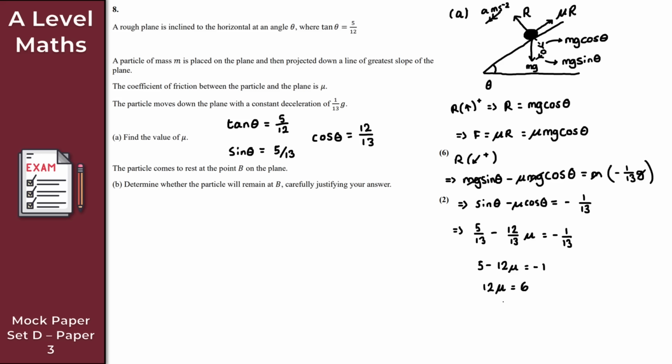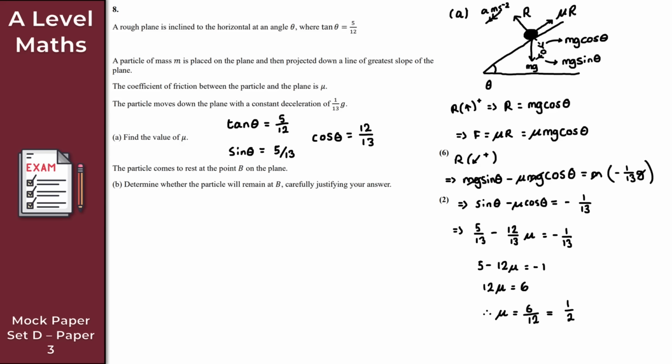And then if we just want mu here, right, the coefficient of friction, just divide both sides by 12. And therefore mu here is 6 over 12, which is just simply 1 over 2, right, or 0.5, whichever your preference is, okay? And there we go then. So we find the value of mu there, giving us a solution to part A of the question. So lovely jubbly, that gives us the solution there to the first part.